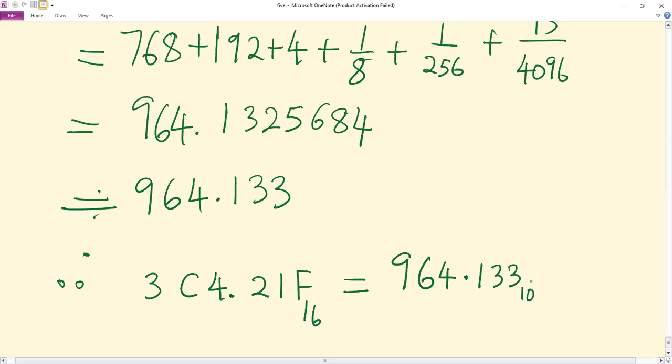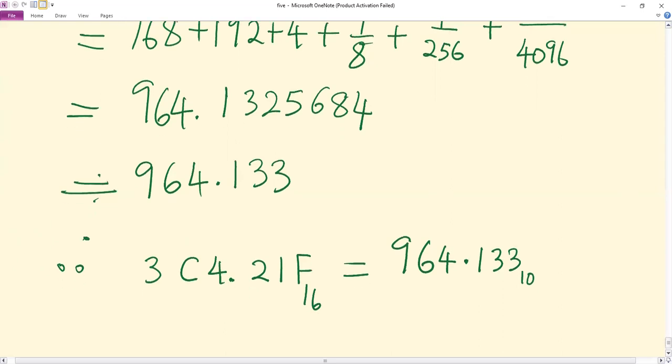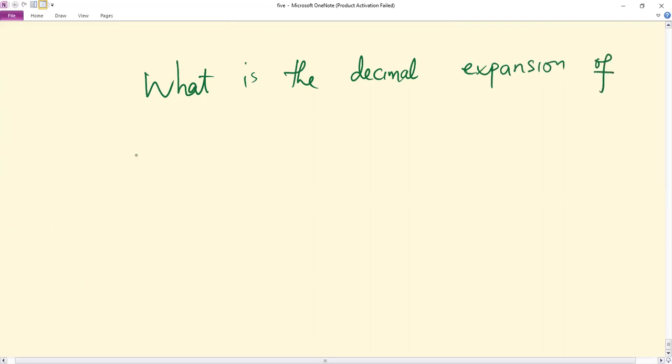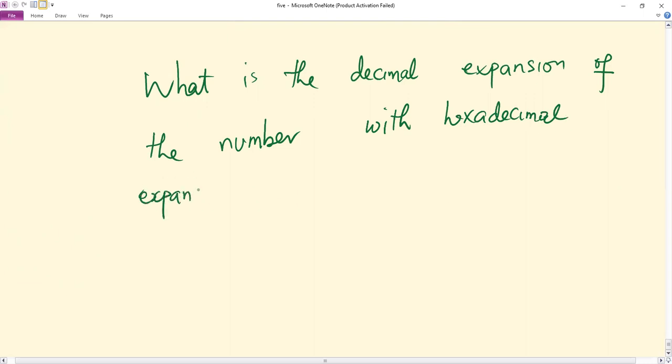And lastly, write the number. What is the decimal expansion of the number with hexadecimal expansion 2AE0B base 16?